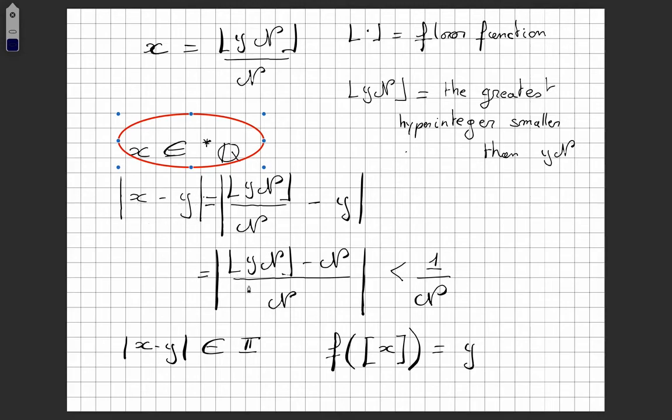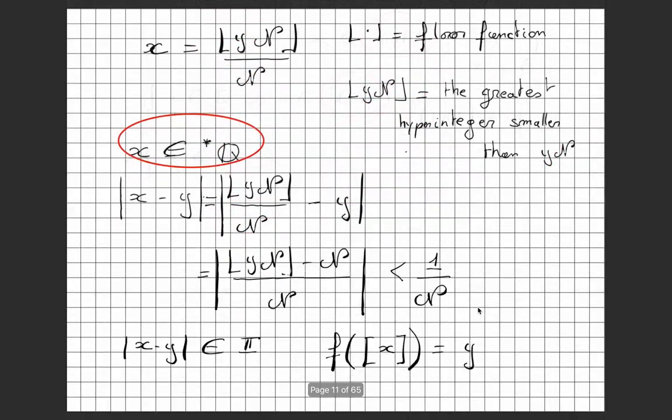And so I see that this is equal to that quantity which is here, which is always going to be smaller than 1 over n. And so this is telling me that x minus y is infinitely small, it's an infinitesimal, and therefore f of x will be equal to y. Yeah, and that is the end of the proof of the surjection property.